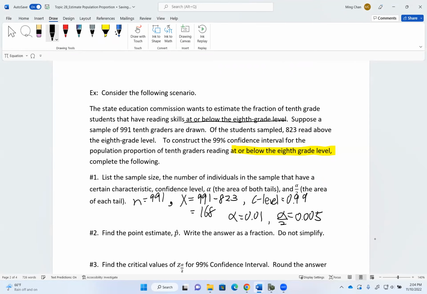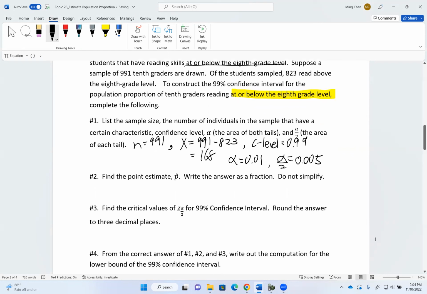All right, your point estimate p hat is going to be the students that read at or below, 168, out of the total 991. Okay, that's how we find the p hat. This is very similar to what we did back when we talked about the central limit theorem to find the p hat.